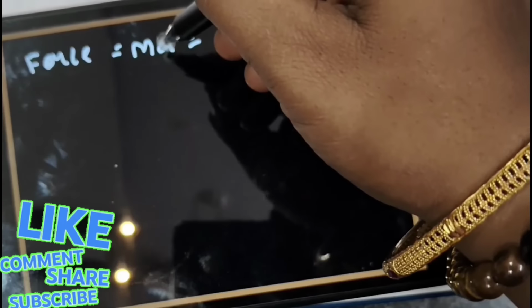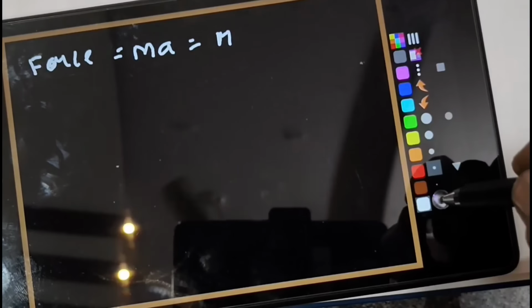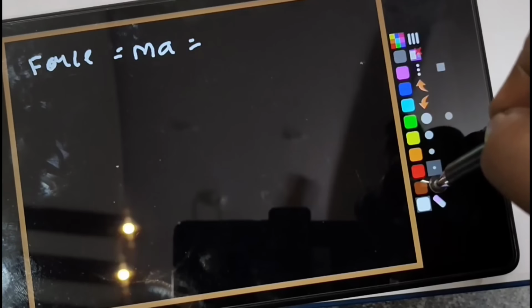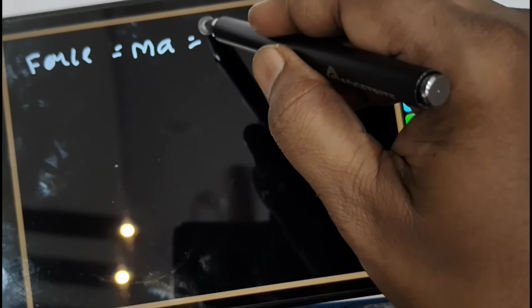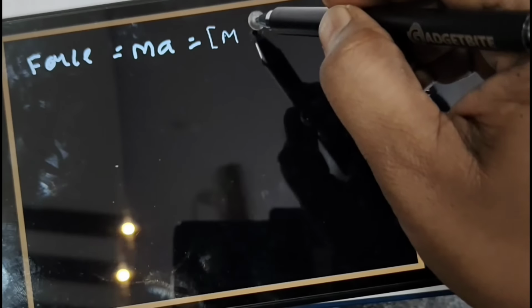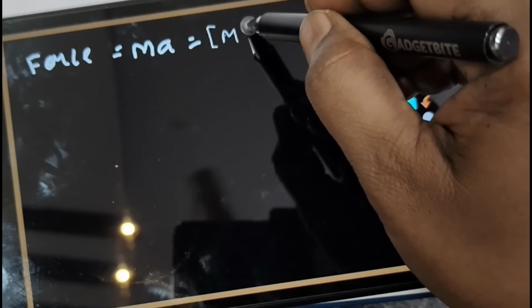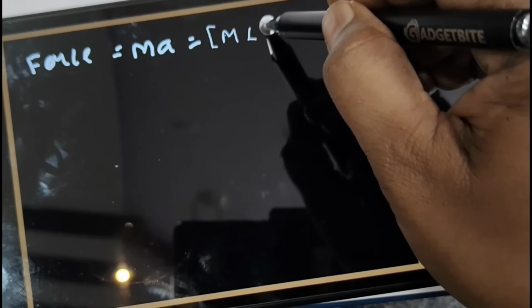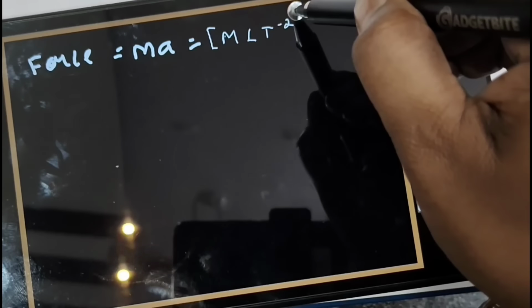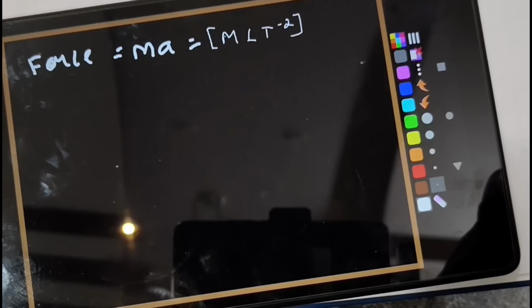So capital M we will write for m, and a is meter per second squared. So meter is length, and second squared, that is T raised to minus 2. So like this we are going to write the force.